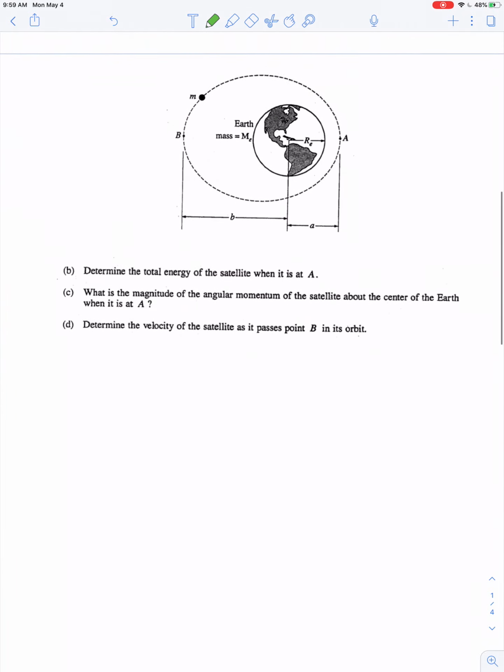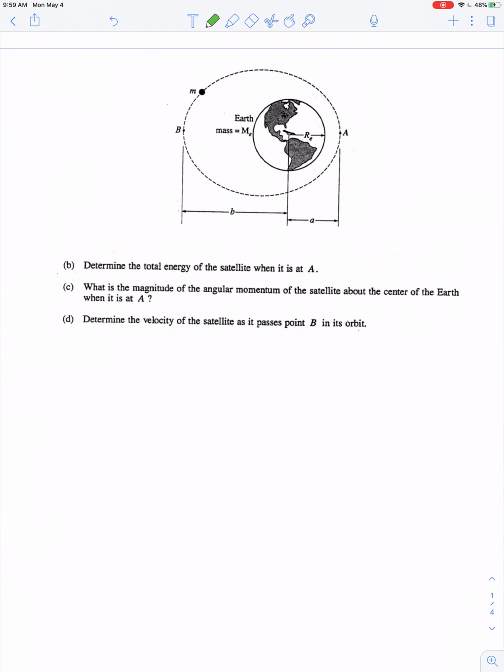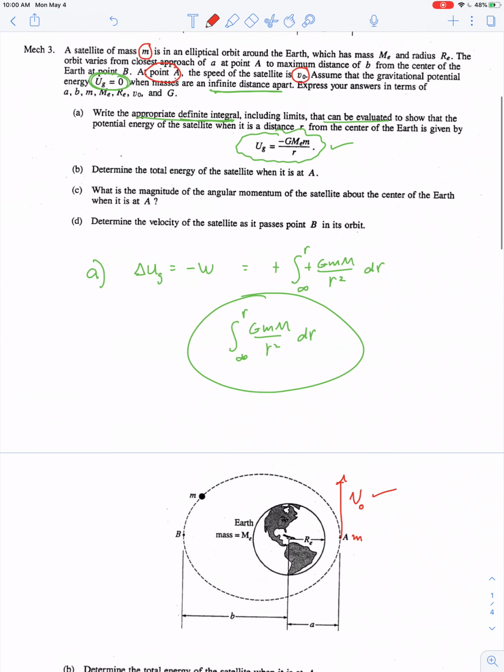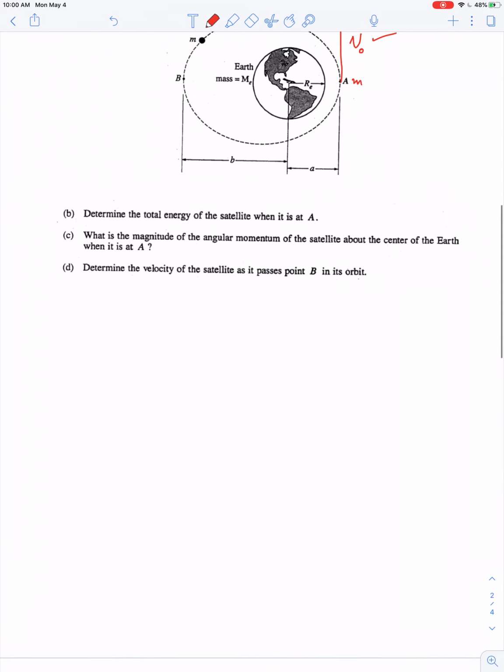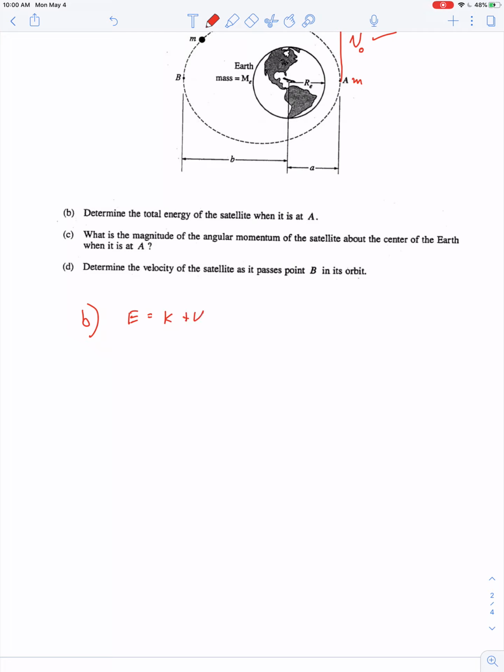Part B, determine the total energy when it's at position A. So at position A, it's got kinetic energy associated with the motion, and it also has potential energy based off of this equation. So the total mechanical energy is the combination of kinetic and potential.